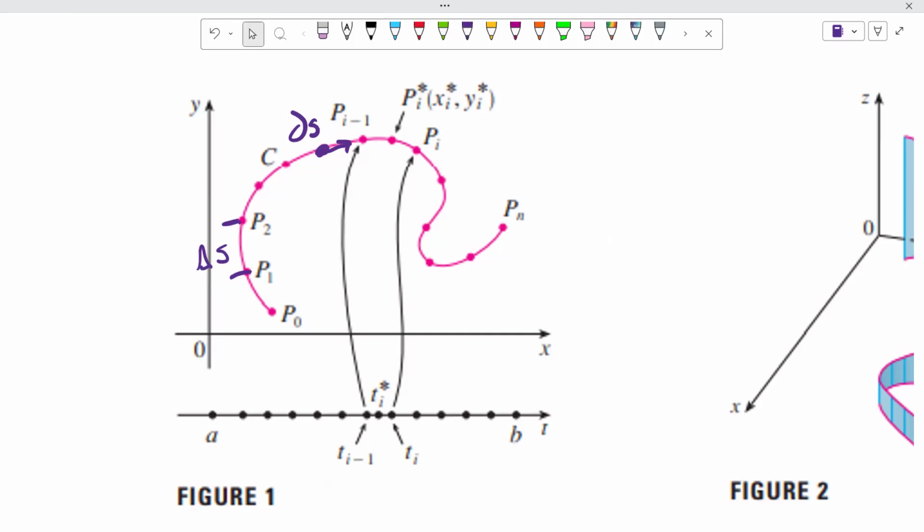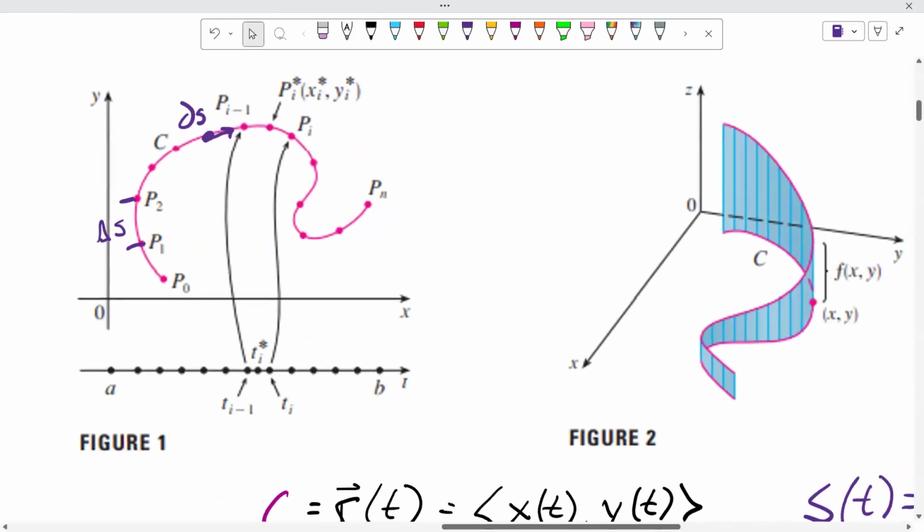If I were to try to split my integral up over here, I can see with z being the extension of some sort of curve, I'll add up a whole bunch of stuff over there. But again, that delta s is still going to represent the width of some kind of a rectangle, just like delta x did.